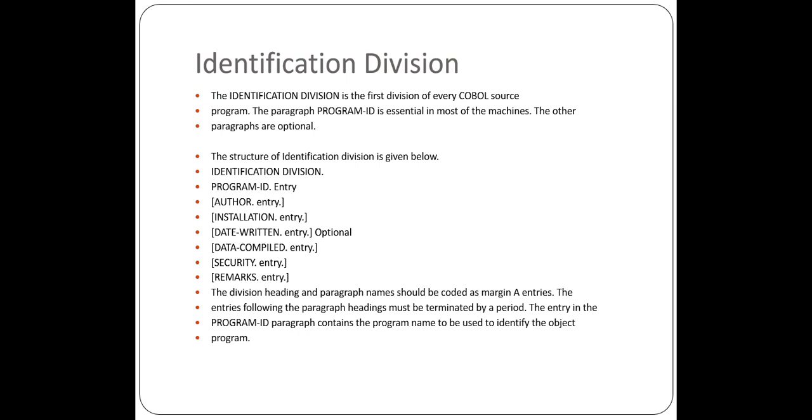You have two important margins, margin A and margin B. All these divisions must be coded in margin A entries. The paragraph headings must be terminated with a proper period, or else it will result in a programming error.